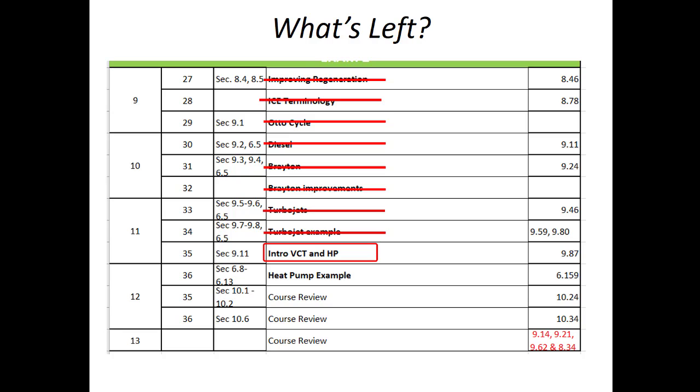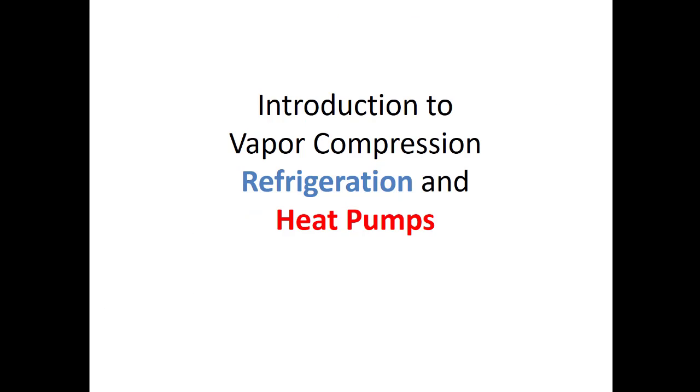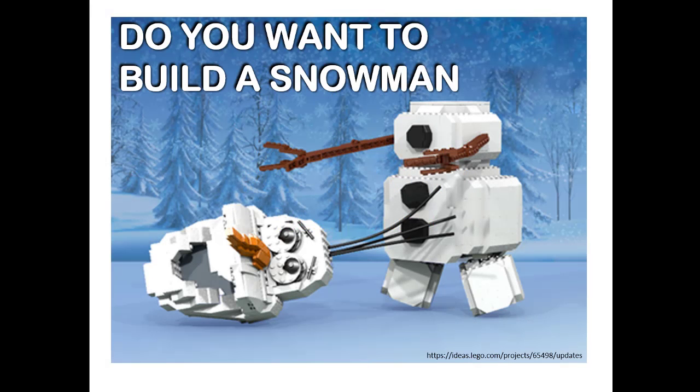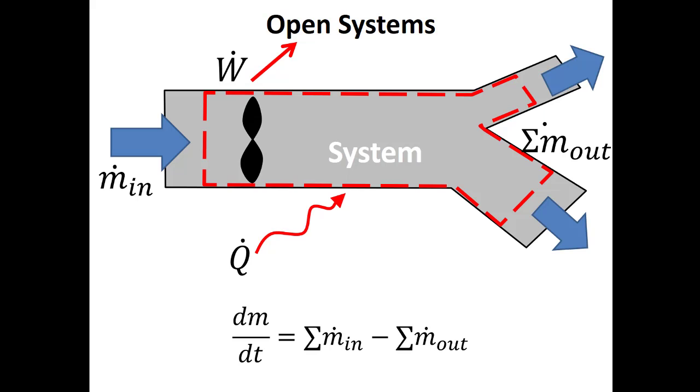There's only a slight difference in what we're calling the energy benefit of the cycle when we're defining the coefficient of performance. So in today's lecture, we're going to have an introduction to vapor compression refrigeration and heat pumps. And we'll be asking the question, do you want to build a snowman?